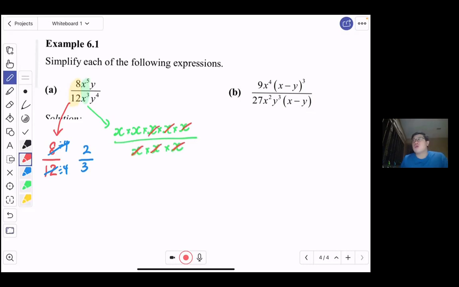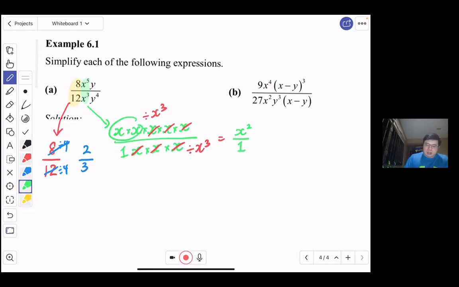If you cancel off 3 x's, or x power 3, from both top and bottom, what you're doing is dividing by x power 3 on both top and bottom. That gives you x power 2. You're left with this one, and the denominator will just become 1.